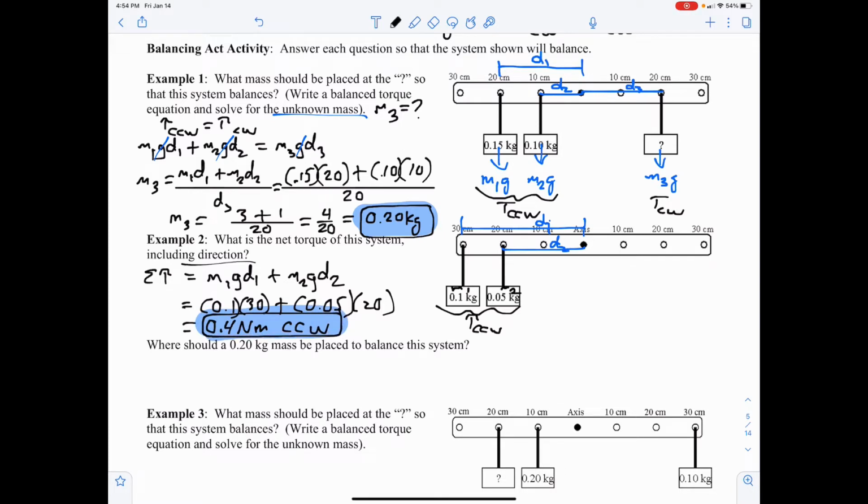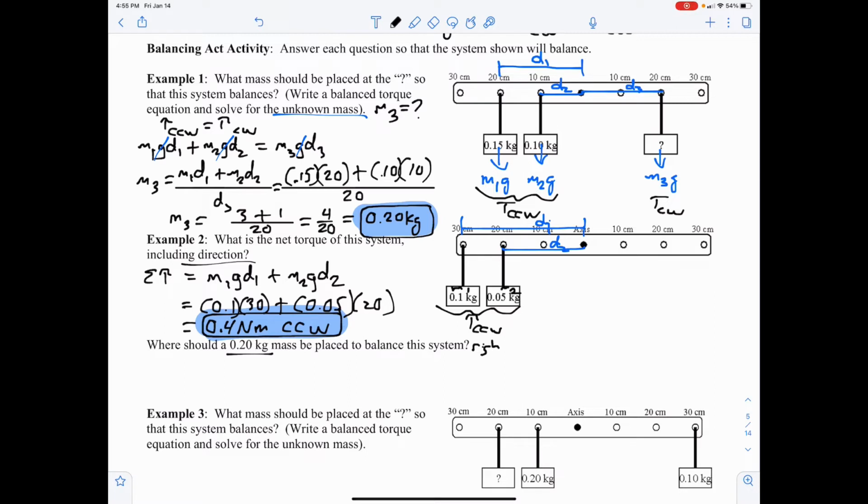Okay, question is, where do we put a 0.20 kilogram mass so that it balances this system? Well, clearly it's going to have to be put on the right-hand side. You need a mass over here in order to balance it. But where do we put it? Here's the clue.